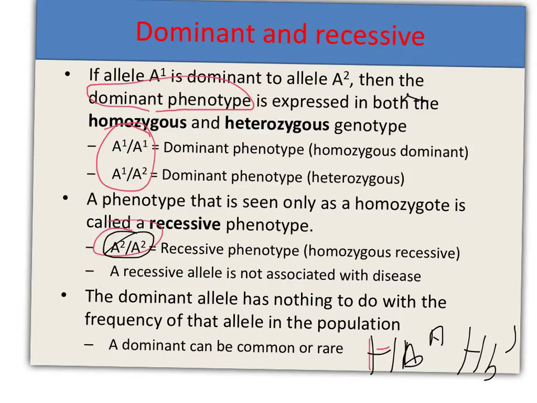Now, in terms of the phenotype, if there's a dominant allele, then the dominant phenotype will usually be more common, unless, let's say, there's selection against it. In other words, if there's selection against a dominant and favors a recessive, then it wouldn't be that way.